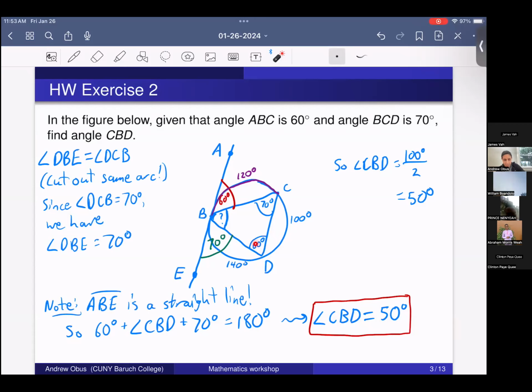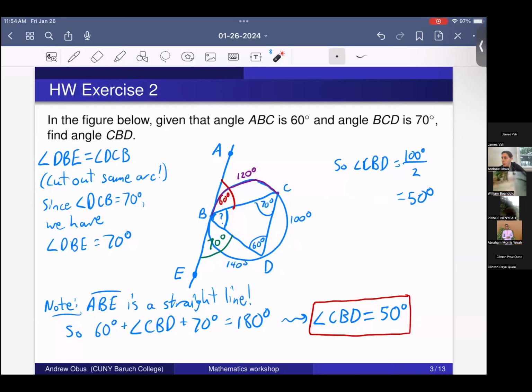It has to be 60 degrees. It can't be anything else. And if all I told you is that both of these angles are 60 degrees, then you wouldn't have enough information to solve the problem. So you really need this angle to be given. If I just gave you that BDC is 60 degrees, that wouldn't be enough information to solve the problem.